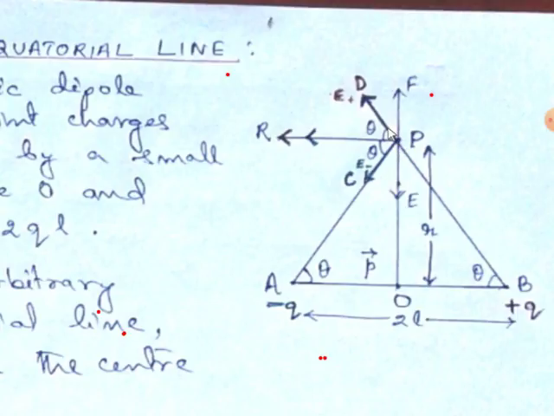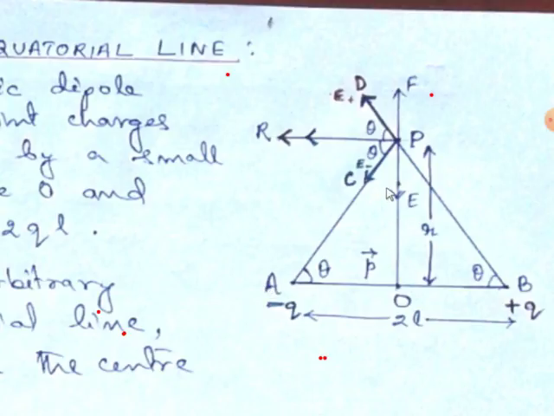They are adjacent sides of a parallelogram, so the resultant will act along its diagonal. When you complete the parallelogram, the resultant of the E minus vector and E plus vector will be along this diagonal, which is parallel to the axial line of the electric dipole.